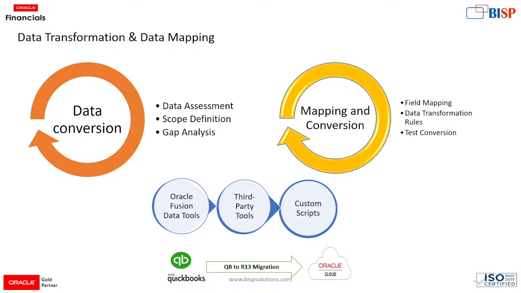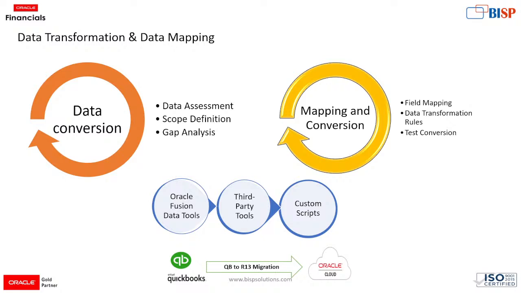The first, or preliminary, step you can take is data assessment. It is important to have a clear understanding of the type of data present in your source system before beginning the data analysis and migration process.